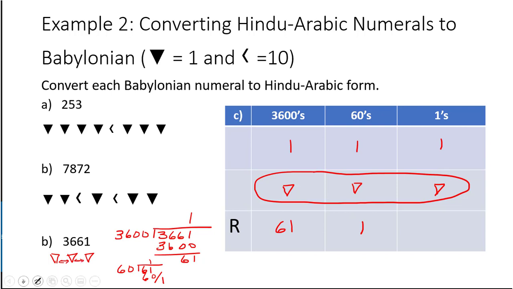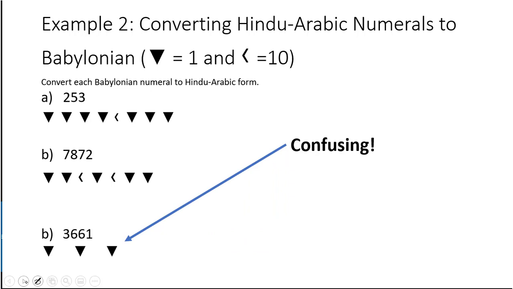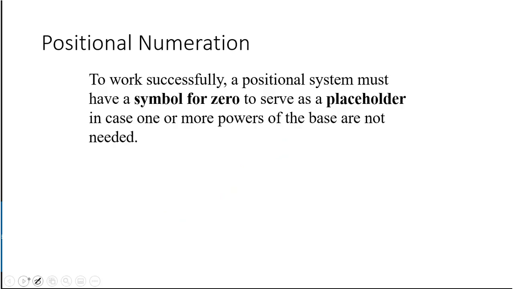Another problem with the Babylonian system is that there is no digit 0. And so positional numeration systems really need a symbol for 0 to act as a placeholder in case one or more powers of the base are not needed. Suppose that in the Babylonian system we wanted to write the number 3,601.